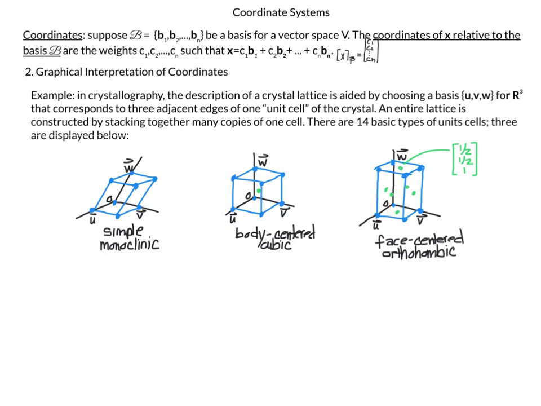An entire lattice is constructed by stacking together many copies of this one cell. There are 14 basic types of unit cells, and 3 are displayed below. And one thing I'm going to say is, in this coordinate system, this dot here is like halfway U, halfway V, and then 1 unit up in W.